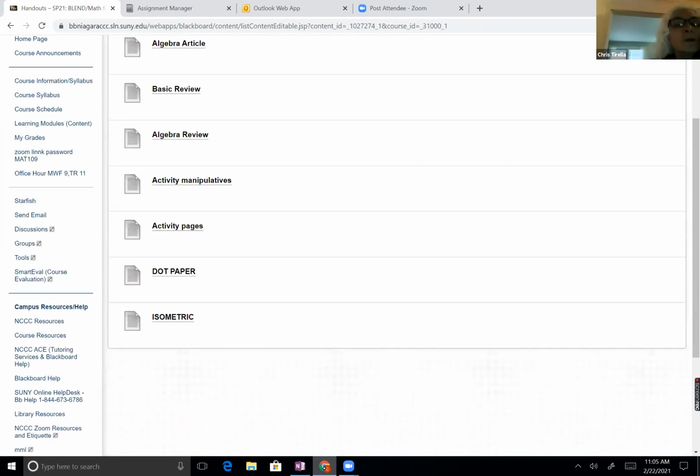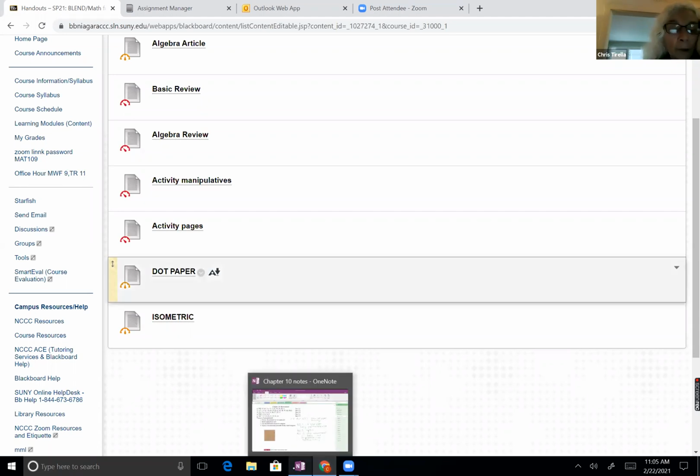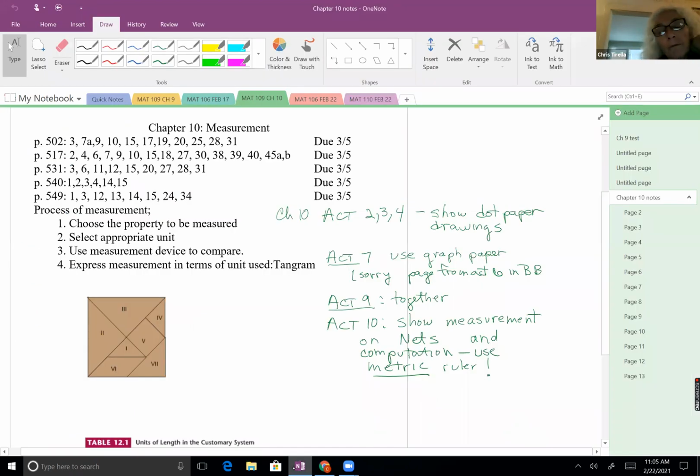There's also some isometric dot paper for a homework, not in this chapter, but for another homework. You'll need that dot paper. You can just print it out, or if you have a way of annotating it digitally, that would work too.